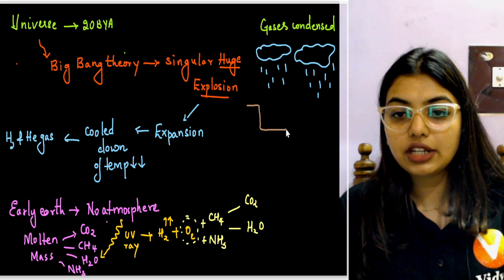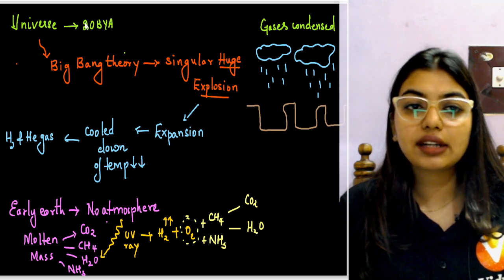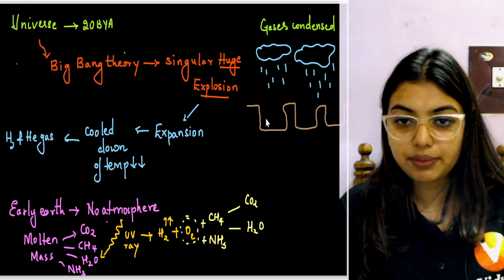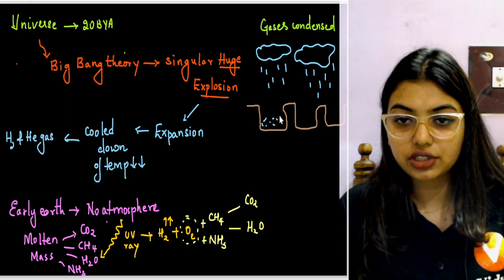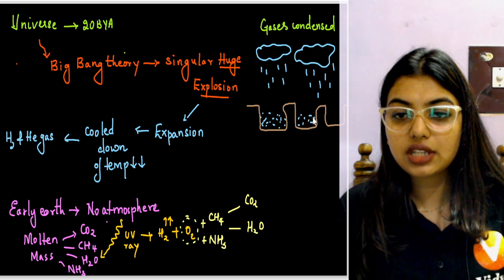Always remember, they did not consider the entire universe as one solid structure or anything. They noticed that there were depressions. So this rain started filling up the water in these depressions, and these depressions turned out to be oceans.